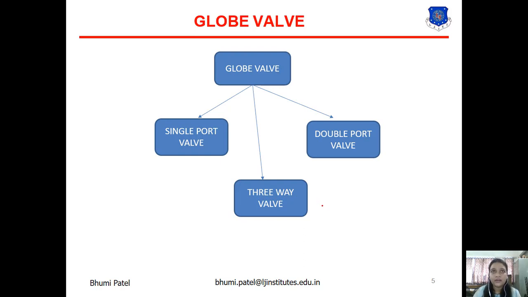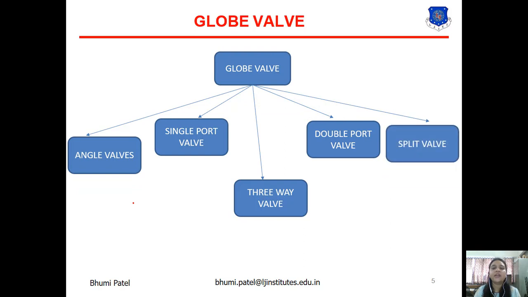Now in industry, some special requirements of globe valve are generated. For that, special types of globe valve are used. The first one is the angle valve and the second one is the split valve.